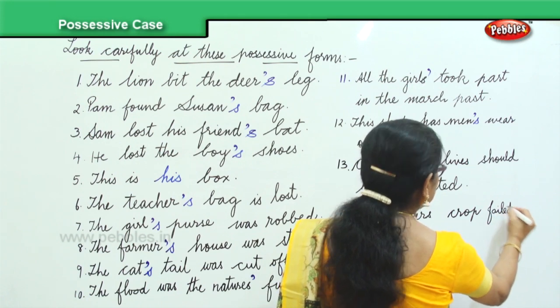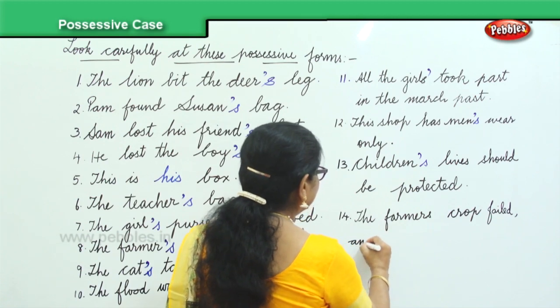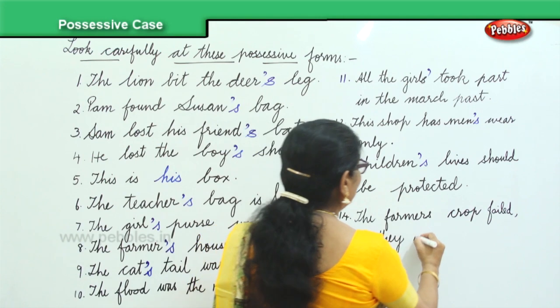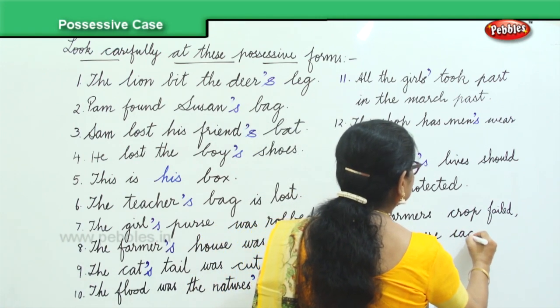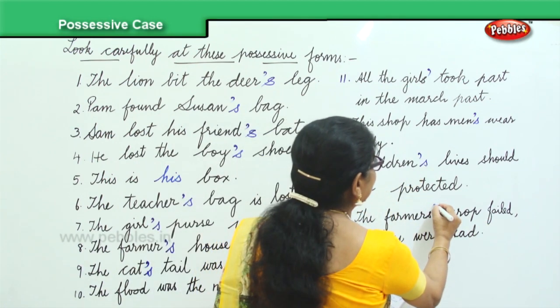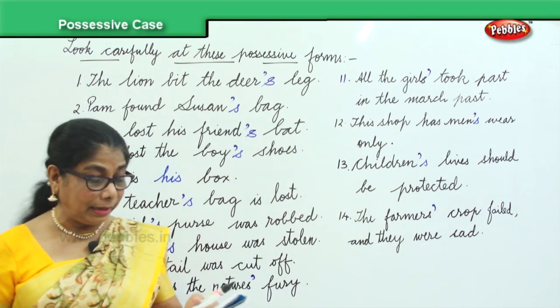The farmers' crop failed and they were sad. They were sad. The farmers, so farmers, apostrophe outside. Farmers' crop.